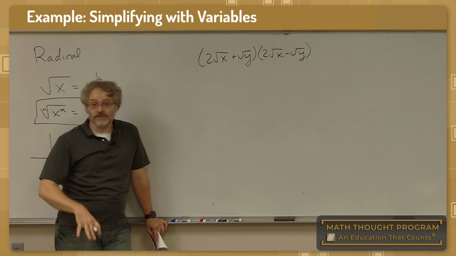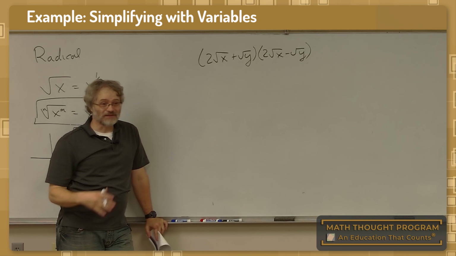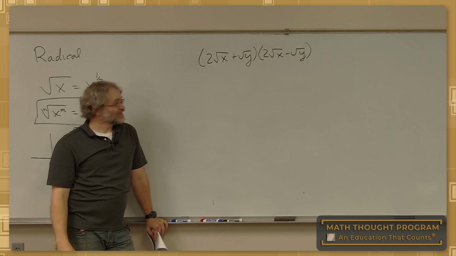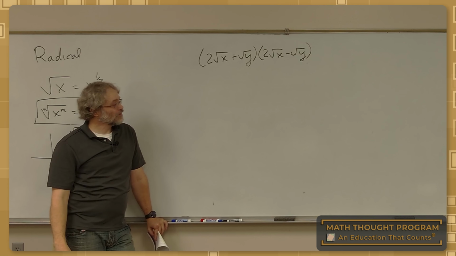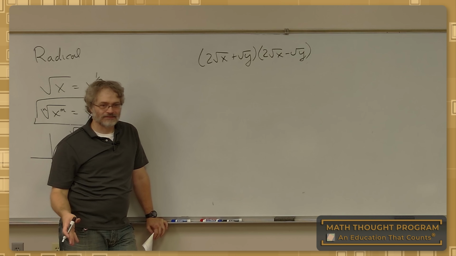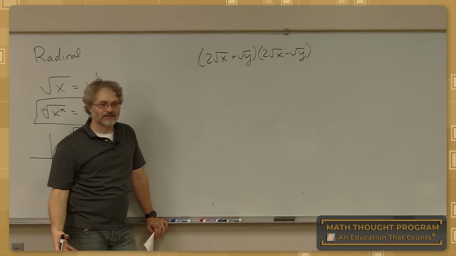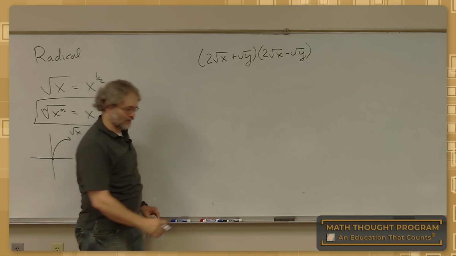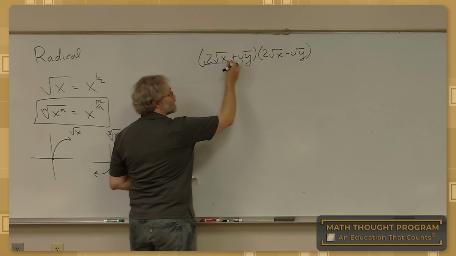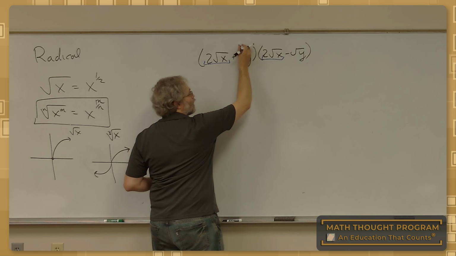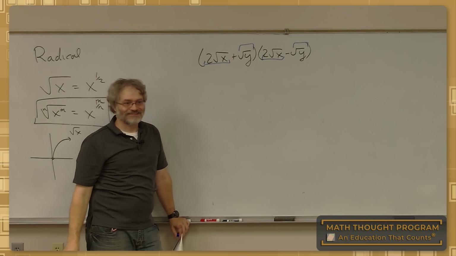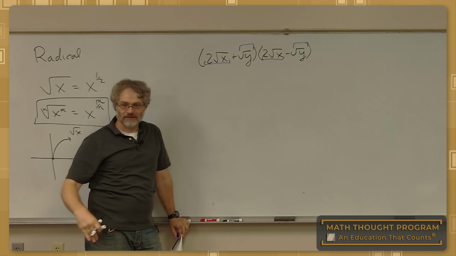Well, at first, it looks intimidating, doesn't it? You got multiplication, you have these radicals, you have these variables now. But what do you see that can help you in the process? I see how these things are so very close. What's the distinction between the factors?